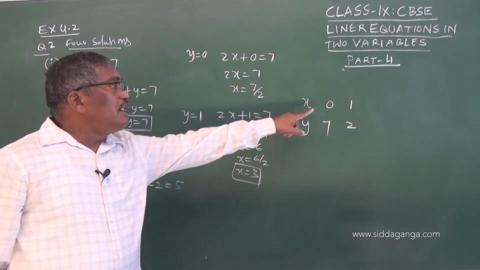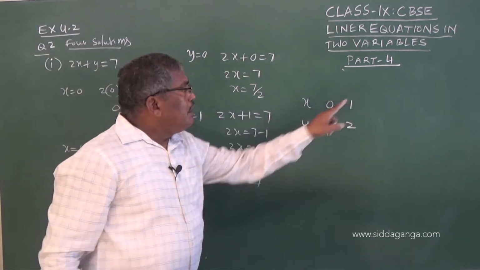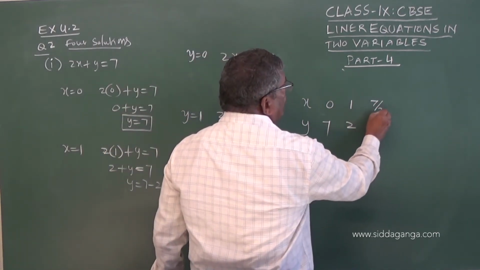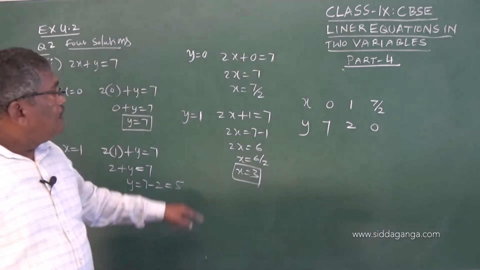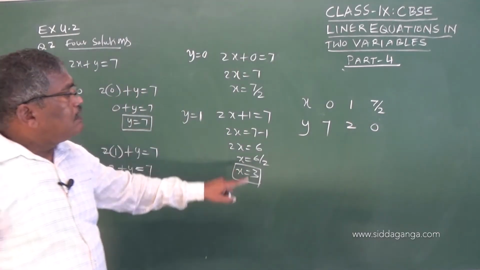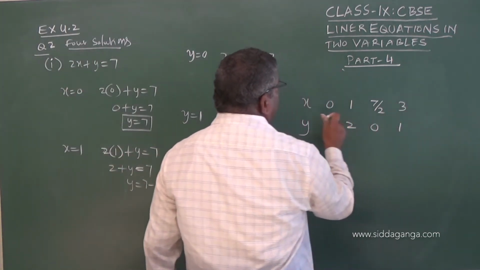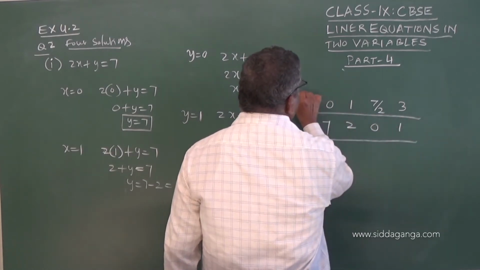Be careful in tabulating. You have to put the x value corresponding here only. When x is 7 by 2, y is 0. And here when y is 1, x is 3, or for x equals 3 we got y equals 1. So this is the tabulation.